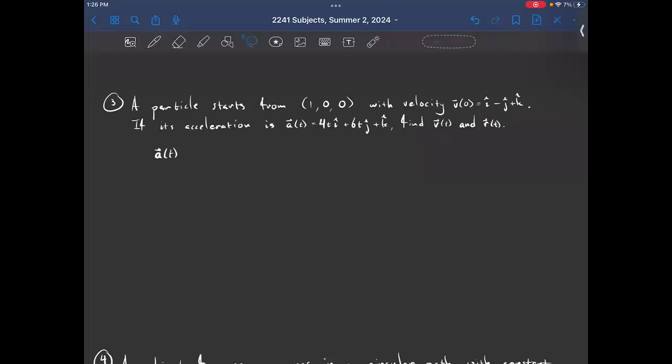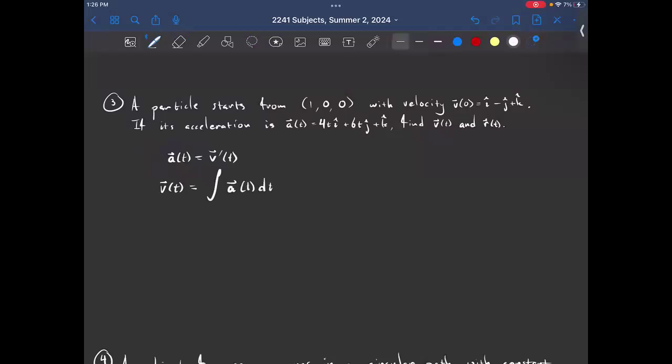And we know that the acceleration is the derivative of the velocity. And so the velocity should be the antiderivative of the acceleration function.